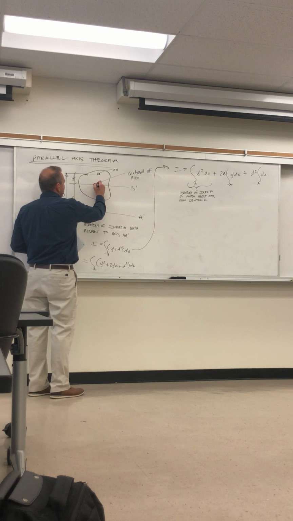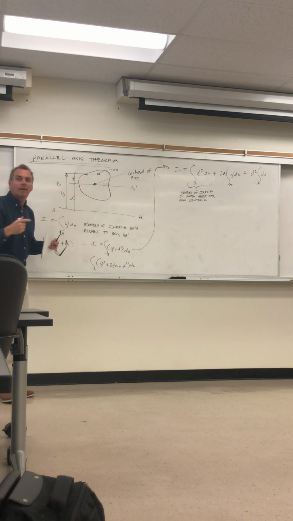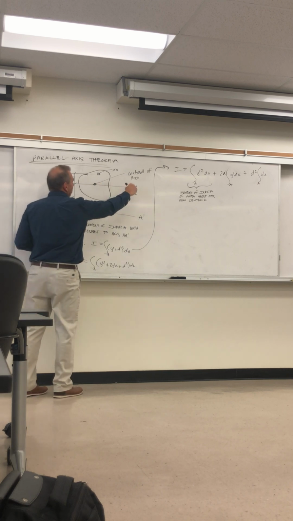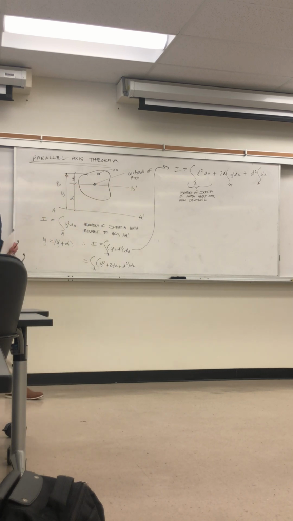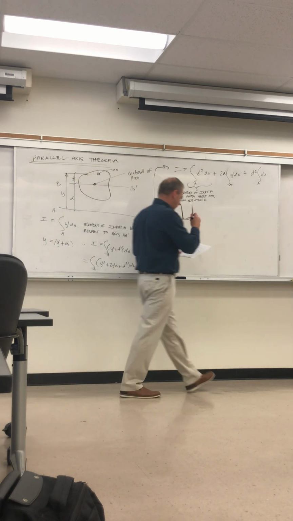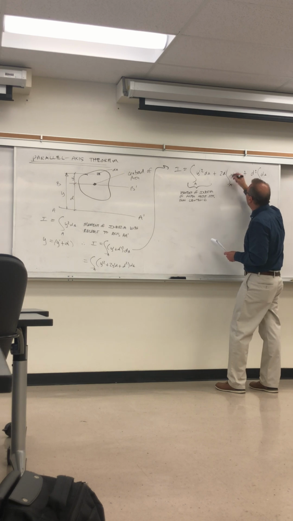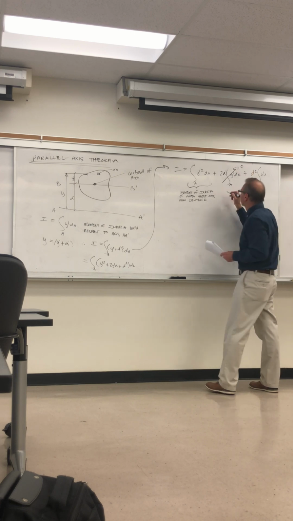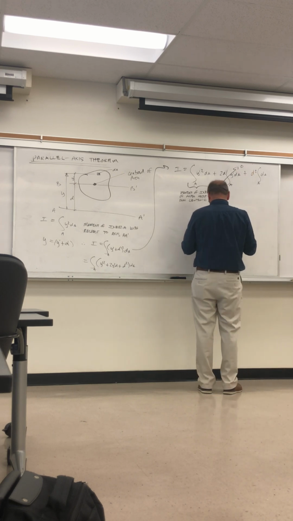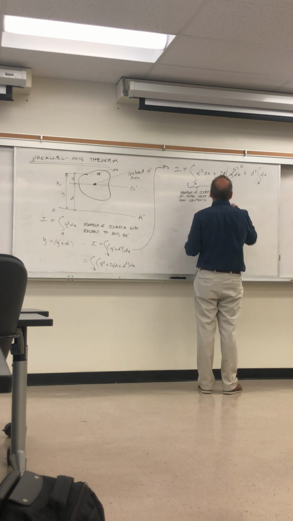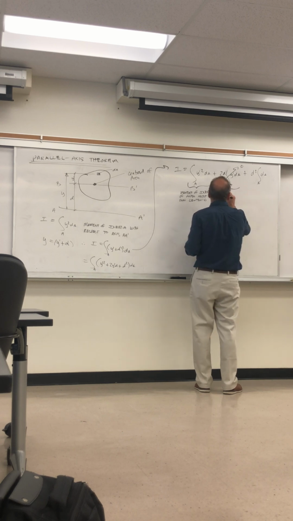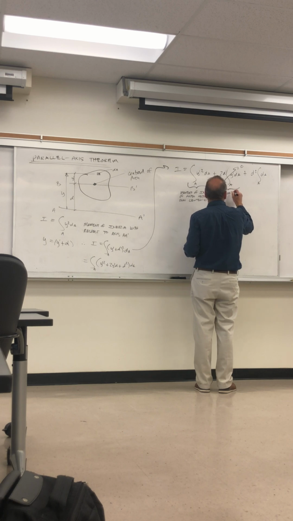You can see that here's the centroid, and let's say it's rotating about that. That's the moment of inertia, not about the base, not about the left. It's about this axis here. It goes right through the centroid. This y prime dA will always equal 0. So that goes out.